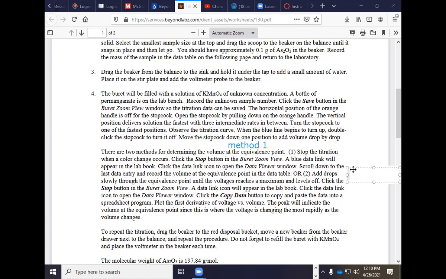And we're going to call this method 2. Okay, so here's method 1. And here's our method 2.